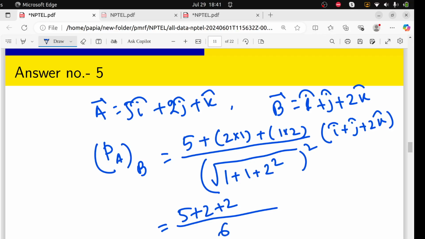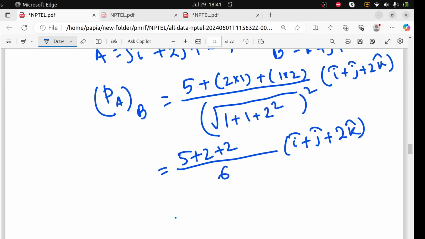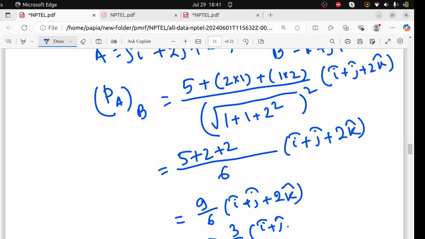So it is 6, i cap plus j cap plus 2k cap. So it will give me the value 9 by 6 i cap j cap 2k cap. If I simplify that a little bit, it will be 3 by 2 i cap plus j cap plus 2k cap.